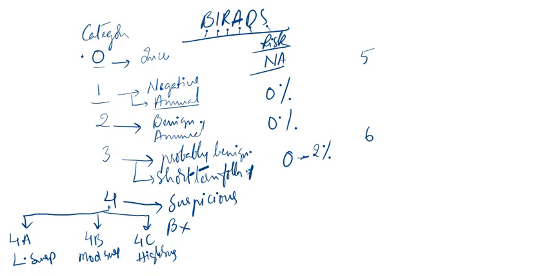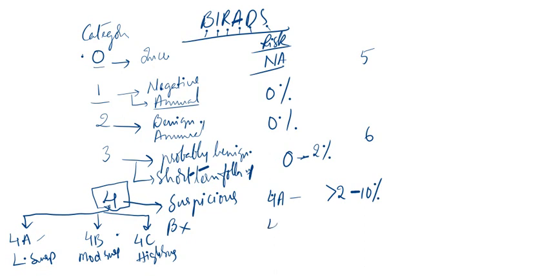Now what is the risk regarding all these 3? If you only got information that the patient belongs to BIRADS 4, then you can go with whether the patient belongs to 4A or 4B or 4C category. If the patient belongs to 4A, the risk of malignancy is more than 2 to 10%.